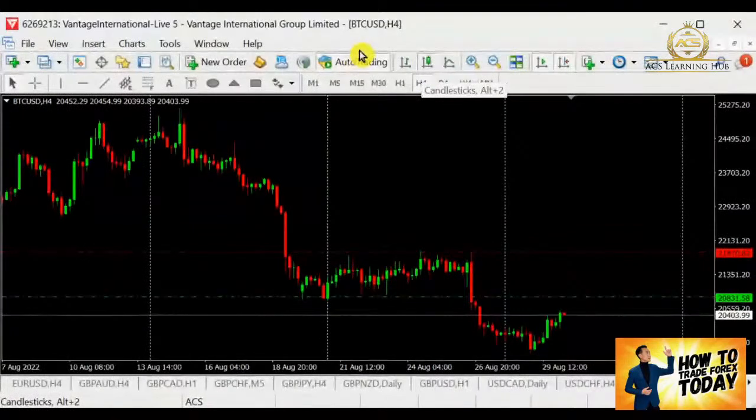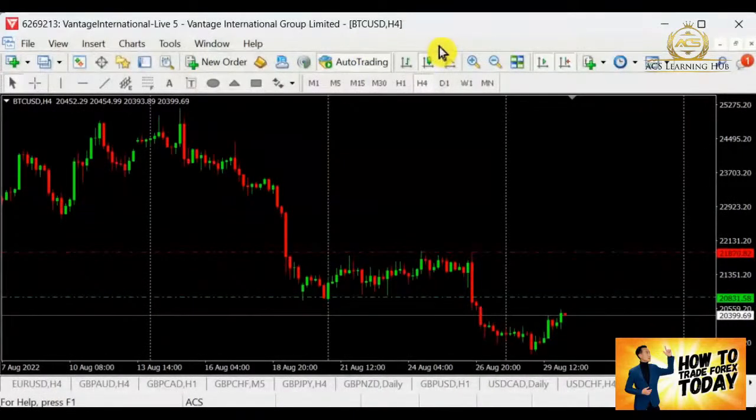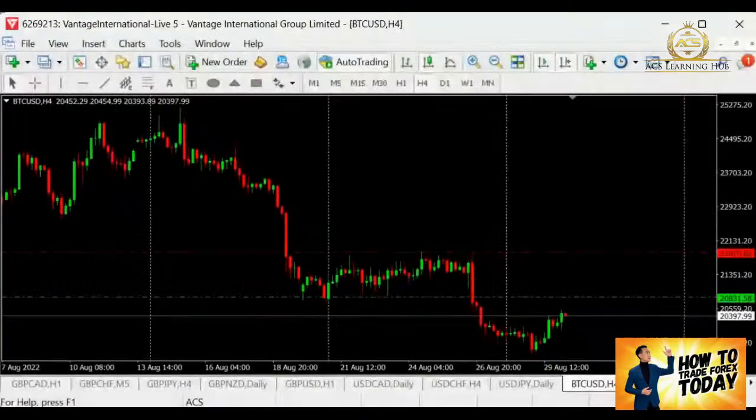I think the buying will go up to about 20,800 thereabout, and then we may look out for selling as well. Tentatively it is for buying. So that's all for today.